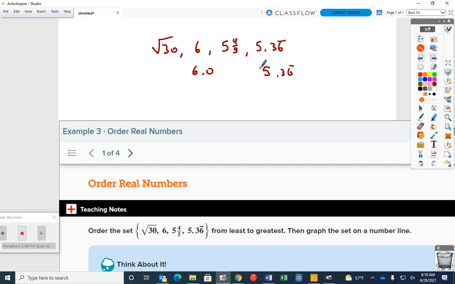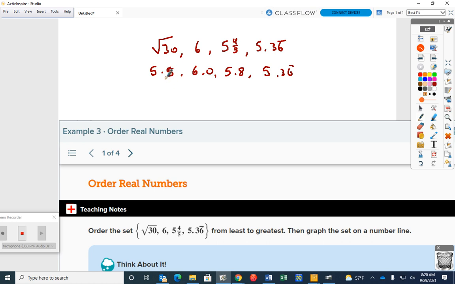What is 4/5 written as a decimal? 5.8. And for this one, what are the two closest perfect squares to 30? 25 and 36, and it's pretty much right in the middle. So what would we estimate this as? I would say 5.5 would be a great guess.